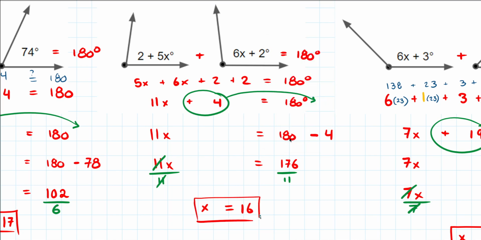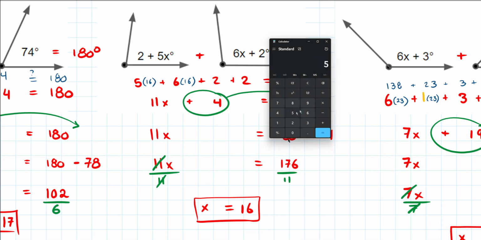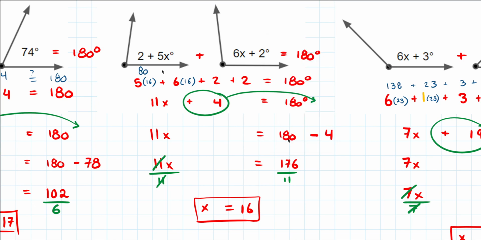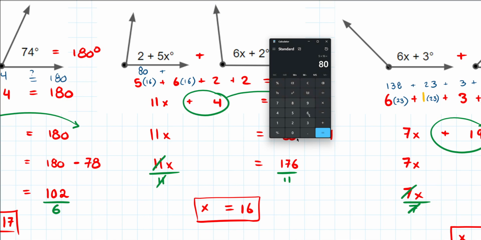Box your final answer. And if you're feeling skittish, Mr. Grapp, I don't know if it's 16, I'm uncertain, plug it in. Let's find out. 5 times 16, 6 times 16, plus 2 should equal 180. All right. 5 times 16 is 80. That's easy. 6 times 16, 96.